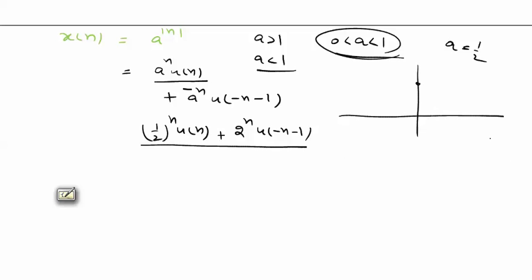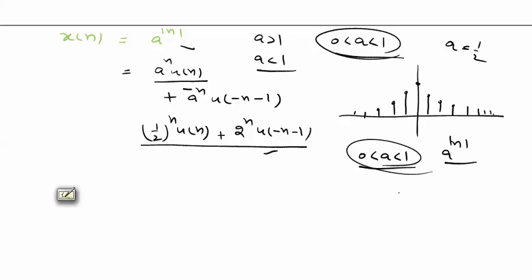N equals 1, it is half, 1 by 4, 1 by 8, and so on. Draw a mod n where a is in between. If negative, I put again minus 1, 1 by 2, 1 by 4, and so on. This is the actual draw of this signal when a is in this range.